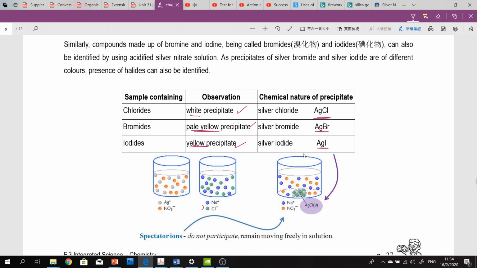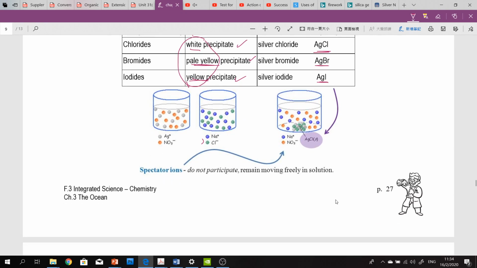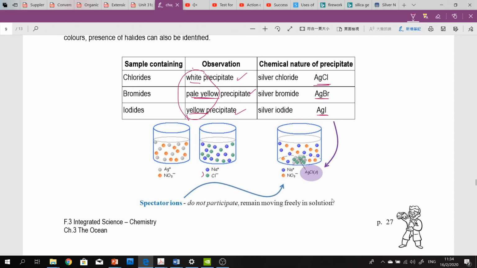So not only the formation of a precipitate, but the color helps you to know which ions are found inside the sample. I would like to recall the underlying principle. We have a sample of chloride ions, for example.